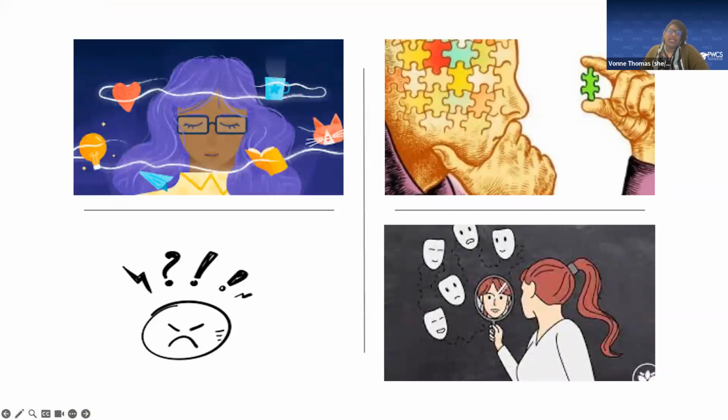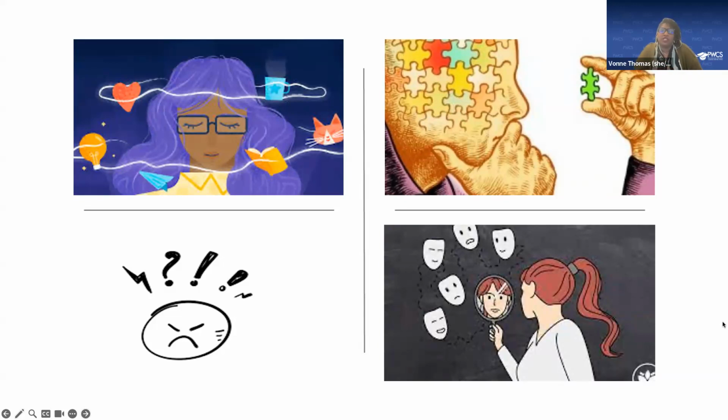So if you look at the pictures on your screen, I just gave you the 5 competencies. If you look at these pictures, what do you think this competency could be related to? If you're comfortable, type it in the chat, and I'll go ahead and review them again. They are self-awareness, self-management, responsible decision-making, social awareness, and relationship skills.